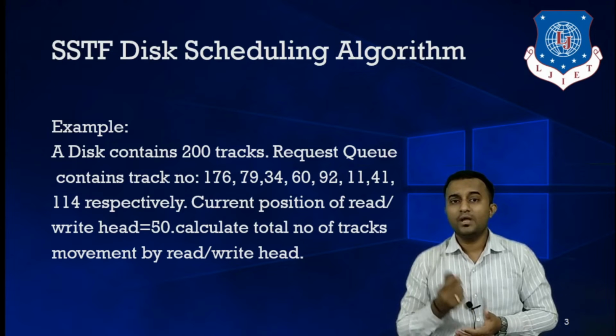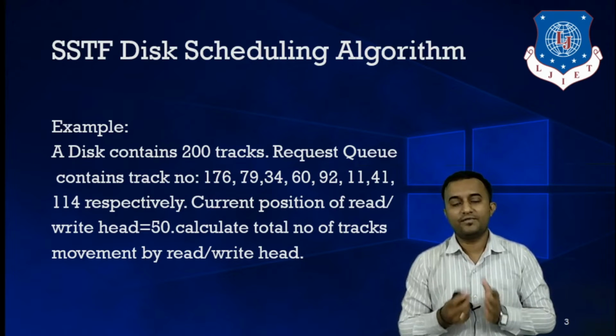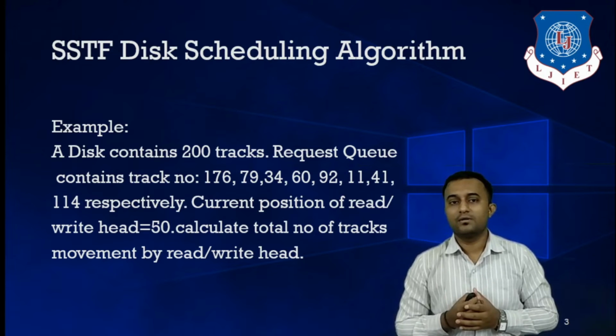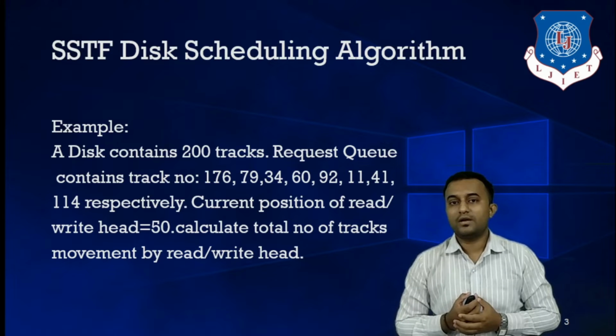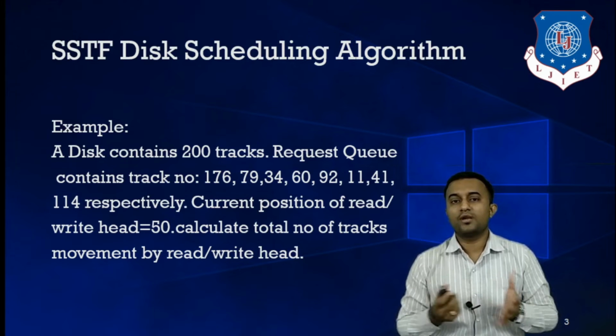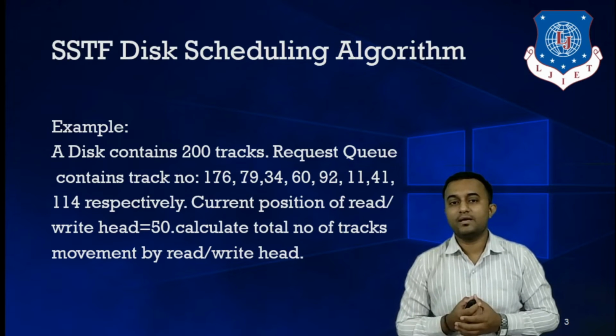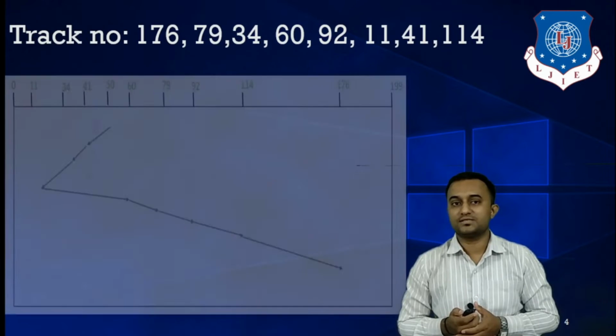Now the current read-write head position is 50. That is given. We have 200 tracks in total, the current read-write head position is 50, and this many track requests we have in the queue. Now we need to calculate the total number of track movements by the read-write head using the SSTF disk scheduling algorithm. So let us discuss how we can execute the task of SSTF.